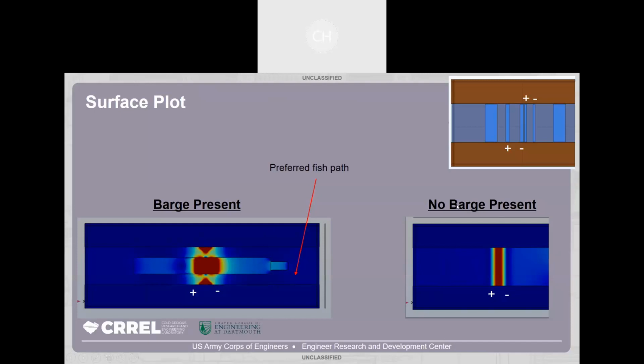And so this is just a picture of what we're talking about here. Again, when there's no barge present, we see it's just a uniform field across. But when a barge is present, those two gaps that we're talking about create this little hole here that the fish can kind of get through.